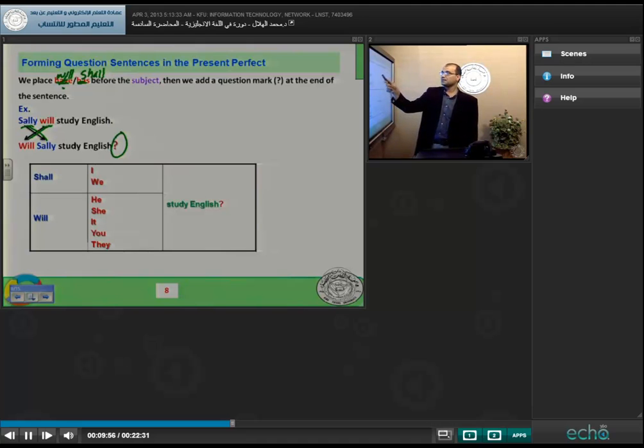Example: Sally will study English, will Sally study English again? So we have sentences where we have to reverse the subject and the modal auxiliary shall and will. Shall I study English? Shall we study English? Will he study English, etc. So it is a matter of reversing the subject with the modal shall and will.